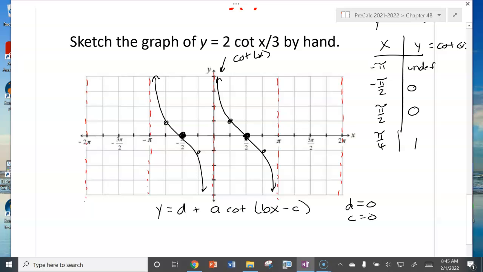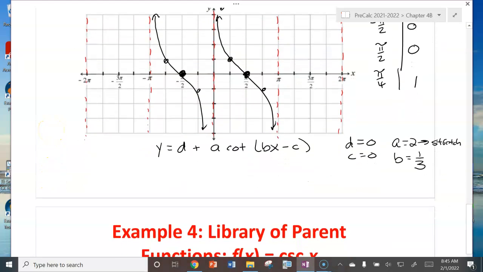A, that's that 2. So from here we have a stretch. So our points that were at 1 are going to end up at 2. And then b equals 1/3. So that's going to change our period and our asymptotes. Let's figure out where those are going to be.